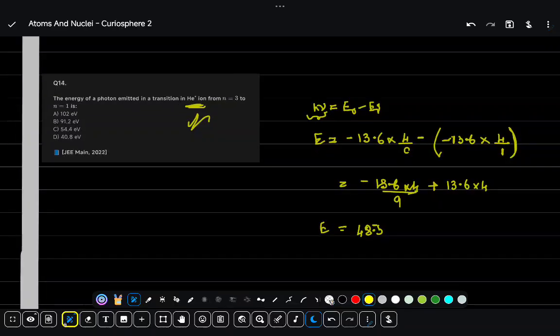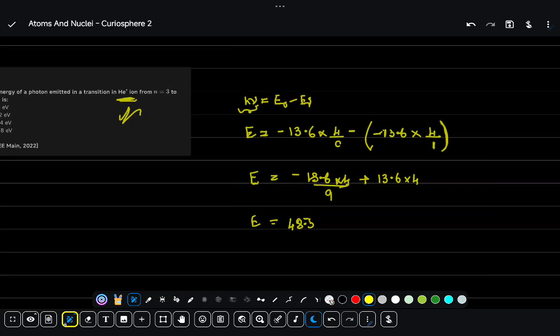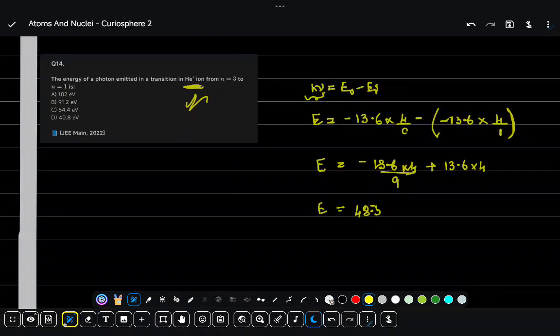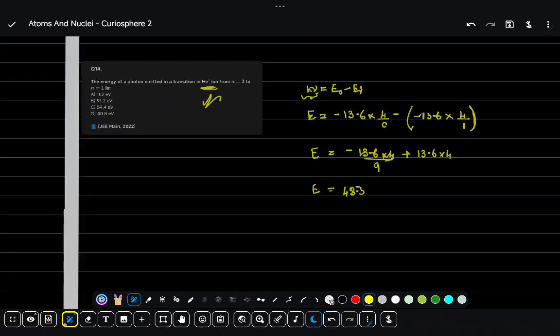Let us see the options. Wait, there are no options matching. Did we do any mistake? It's electron volt only, so it's anyways electron volt only.